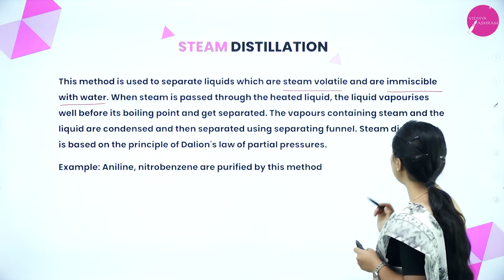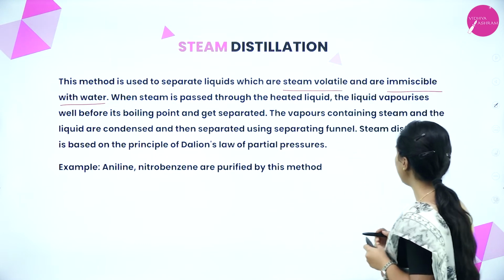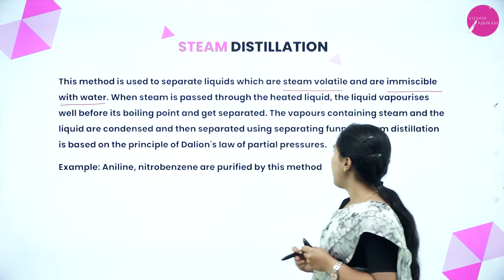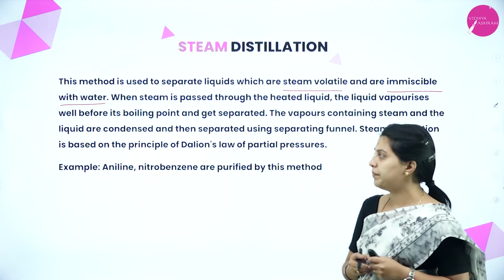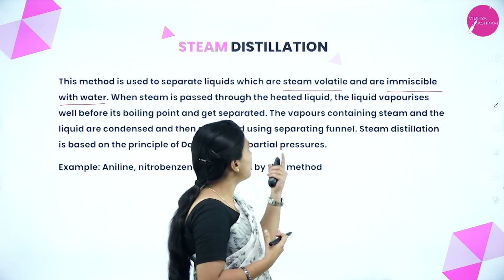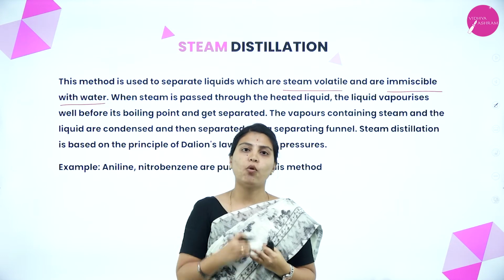The vapors containing steam and the liquid are condensed and then separated using a separating funnel. Steam distillation is based on the principle of Dalton's law of partial pressure. Here they are using steam, and the liquids that are steam volatile and immiscible with water.